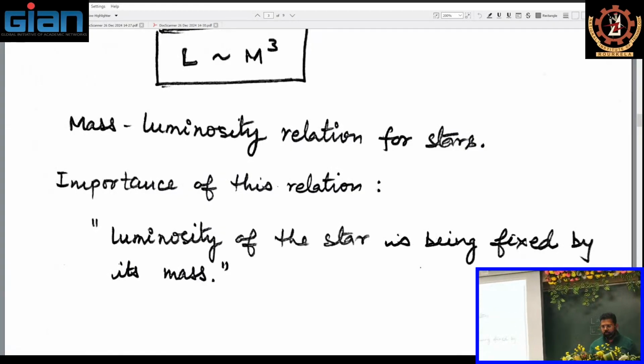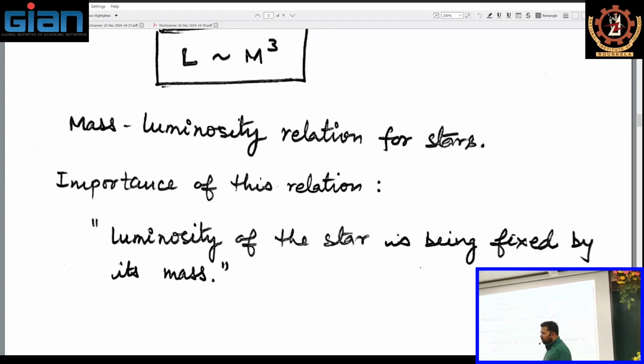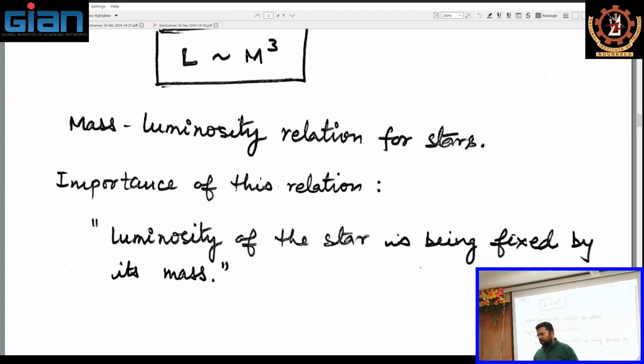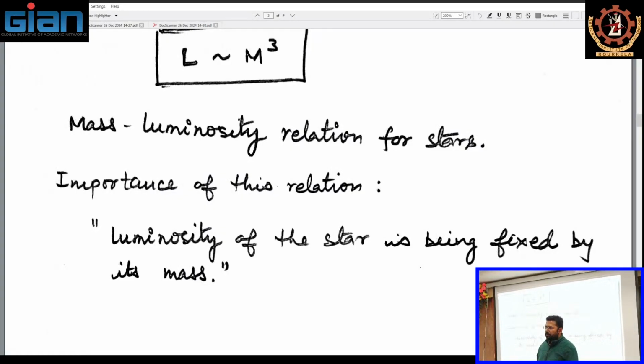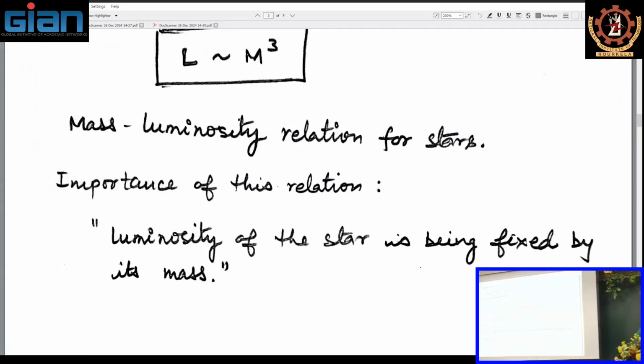So the more massive the star is, the higher its luminosity. Remember that we are talking about the vicinity of the main sequence or at the main sequence.